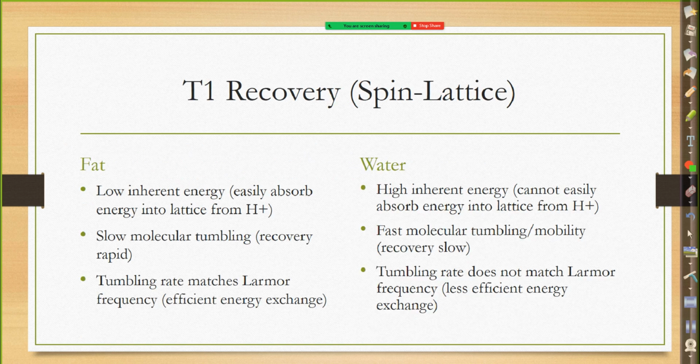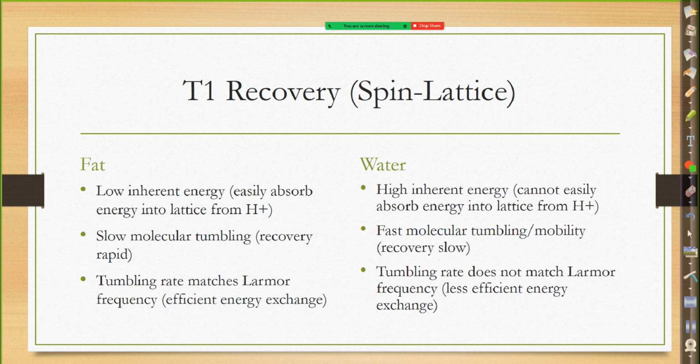All right? So when we're talking about T1 recovery, let's kind of summarize the differences between fat and water. So fat has a low inherent energy because it's giving off energy to the lattice very easily. So the lattice is easily absorbing energy away from our hydrogen spins and fat. It has a slow molecular tumbling rate.